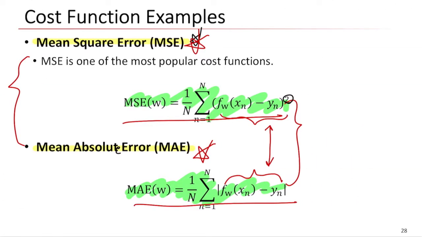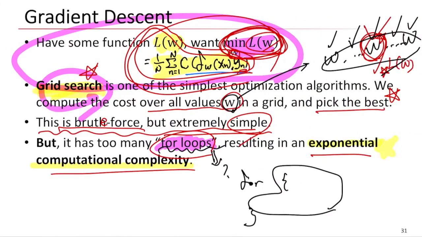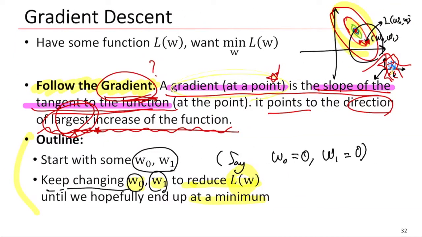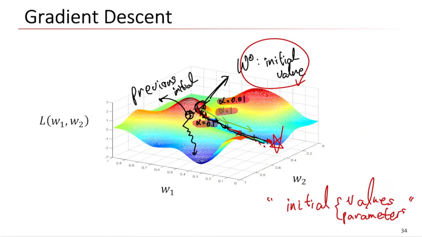There are two kinds of cost function that are popularly used. So there is the gradient descent algorithm, right? The idea is to start from some initial parameter values and keep changing the parameters to reduce our cost function or loss function until we hopefully end up at the minimum. Okay, so this is the plot of the gradient descent, right?